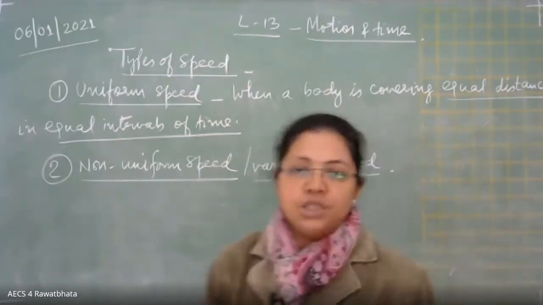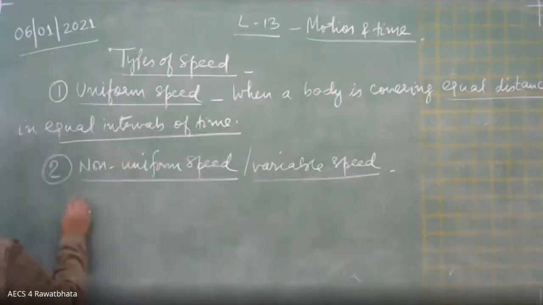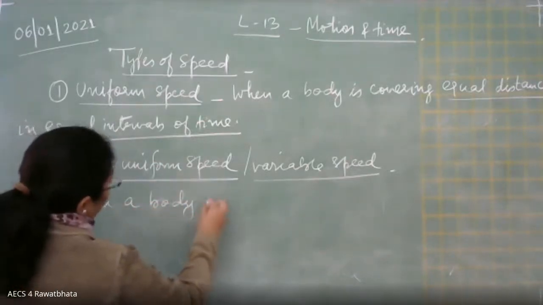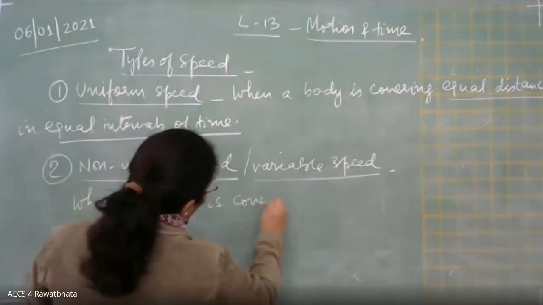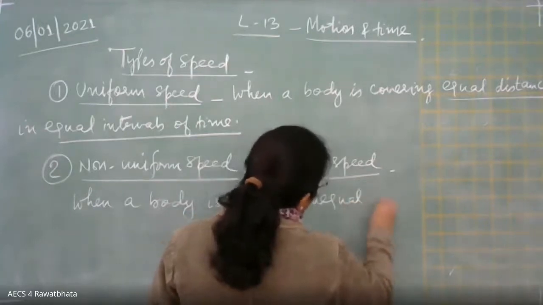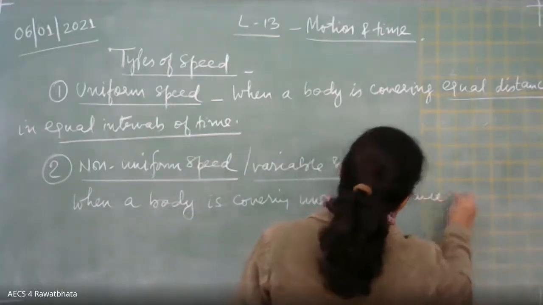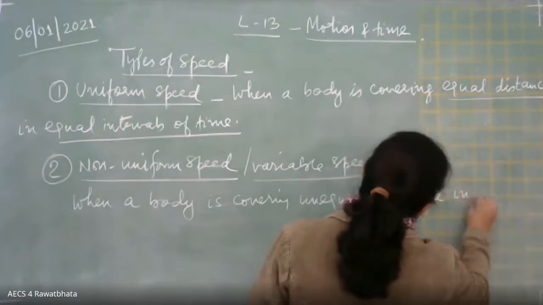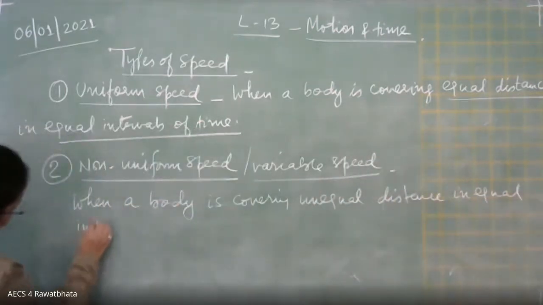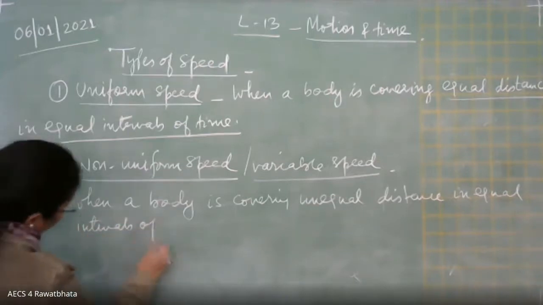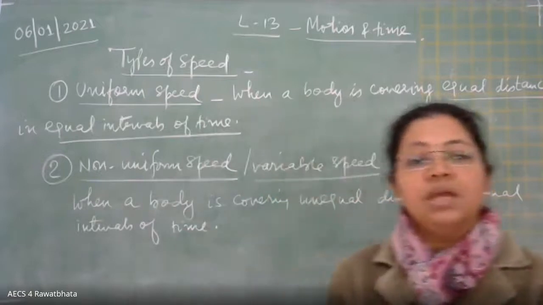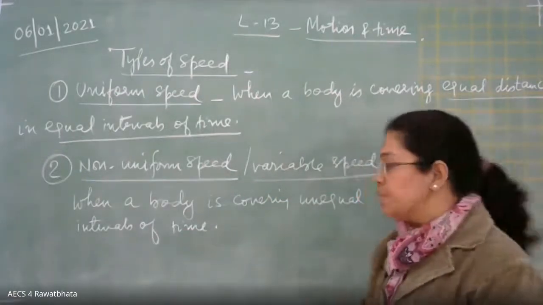So I hope that you can frame the definition now for non-uniform speed, that when a body is covering unequal distance in equal intervals of time, then we say the body is moving with non-uniform speed.